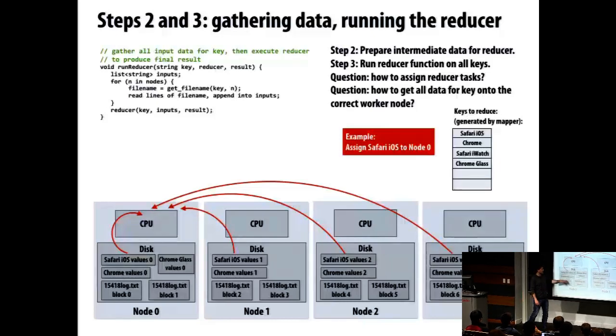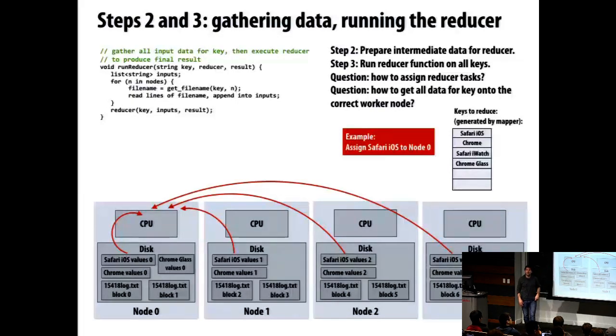Now, of course, you might want to be smart about the assignment, and the scheduler might say, hey, look, most of the Safari iOS files, this is the biggest chunk, so we'll assign Safari iOS to this node because that will minimize data movement. That would be an optimization, and so on and so on. So this is the implementation, more or less, I'm simplifying dramatically, of Hadoop MapReduce.